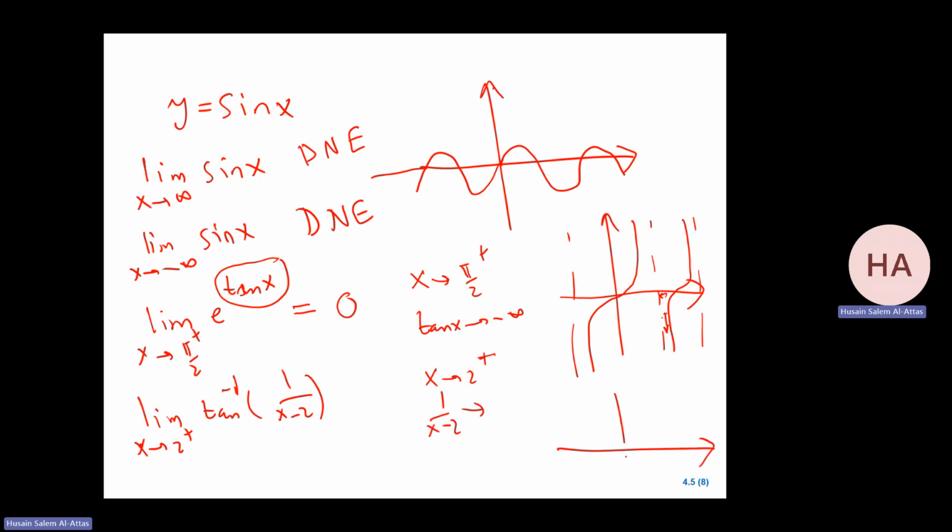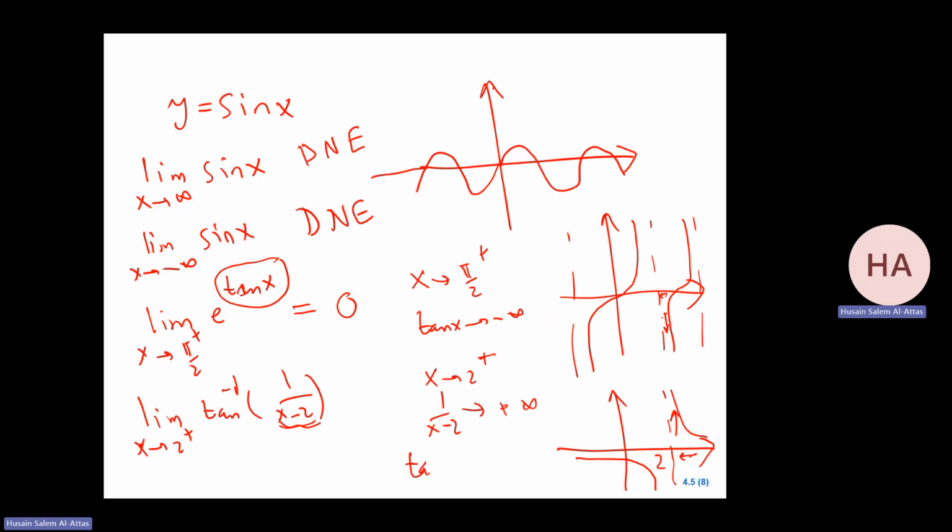This is the graph for x minus 2, vertical, and it will do something like this. Now, as x goes to 2 from the right, the function goes to plus infinity. It's very clear, non-zero over 0, so it's either plus or minus. Now it will be plus infinity.